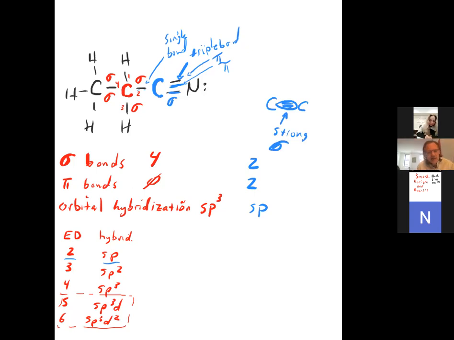Whether it came from an s or a p, it doesn't matter. The sigma ones are strong because they're in between the 2 nuclei. But a pi bond is going to be up here and down here. And remember we talked about this with valence bond theory, the amount of overlap is not that great. In fact, let me show you what I mean by that.